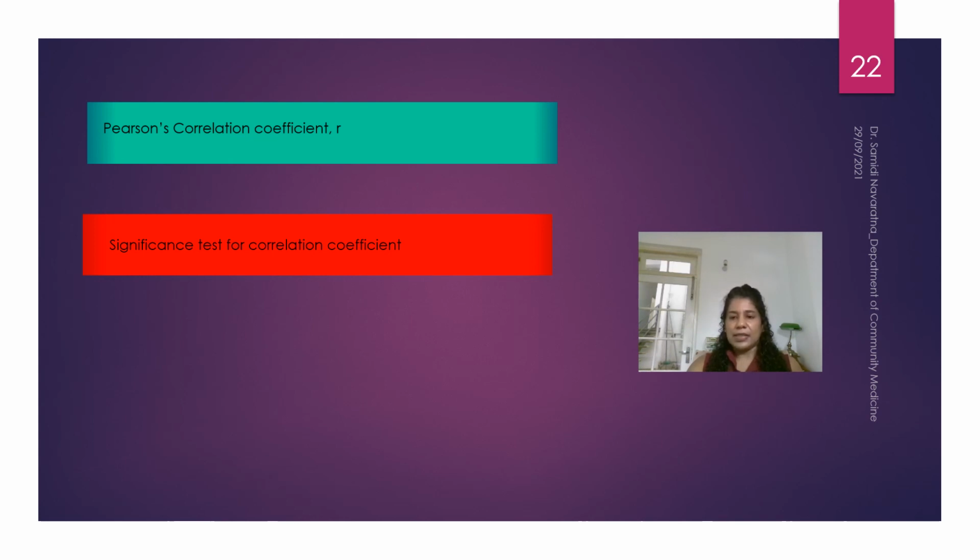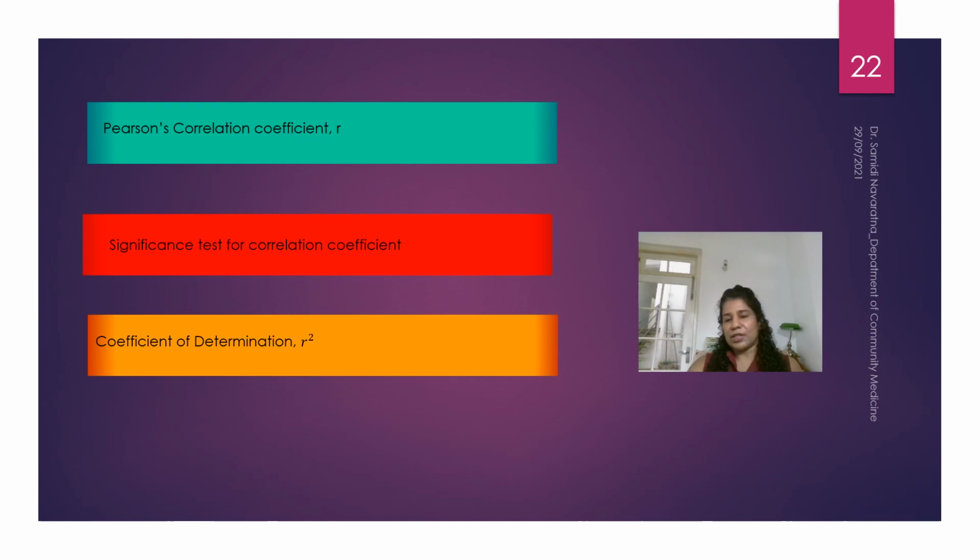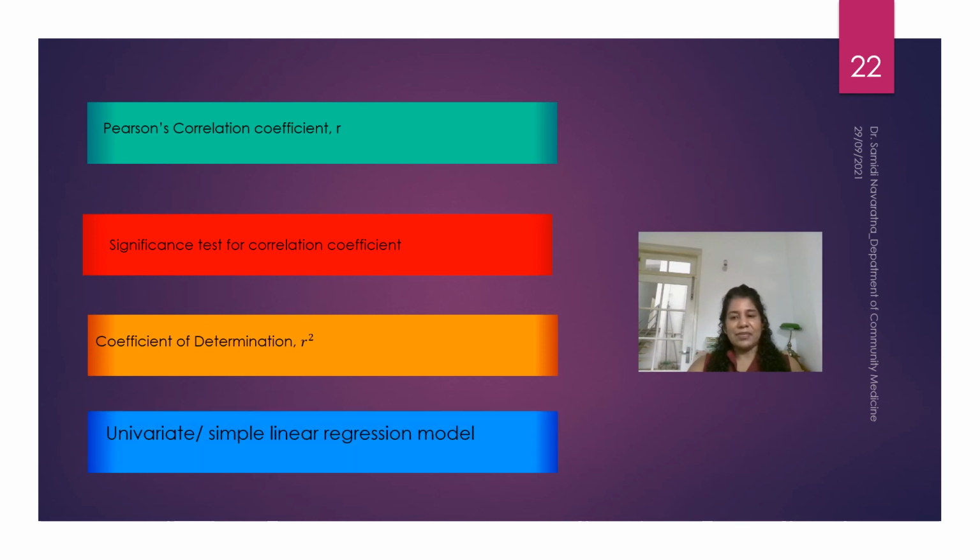Then we learned a little about the coefficient of determination, denoted by R square. Finally, in the latter part of the lecture, we discussed the basics of regression, particularly the simple linear regression model.